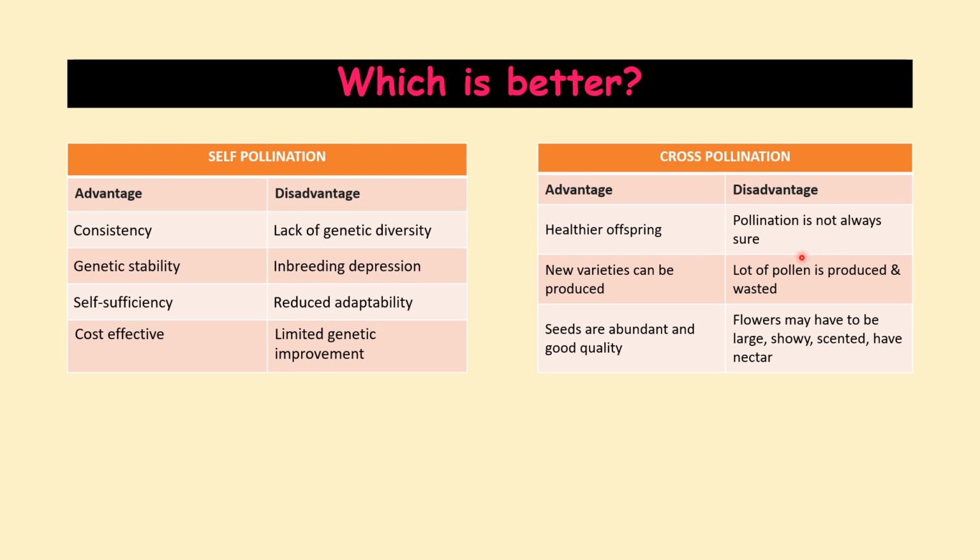So pollination is not always sure, and while this pollination happens, a lot of pollen get dropped, get drowned, and a lot of pollen is wasted. So a lot has to be produced and a lot gets wasted. And then it is taxing on the flower, because the flowers have to be large, showy, they have to have nectar, they have to have some scent to attract these insect or bat as pollinators.